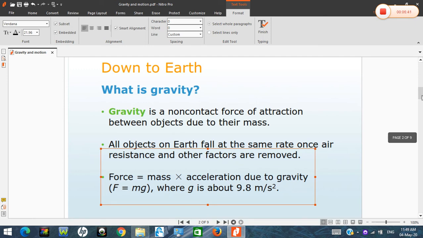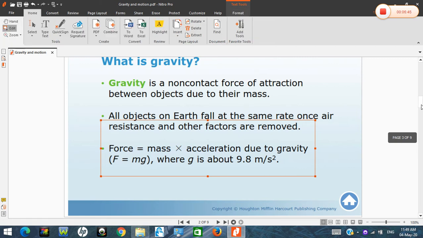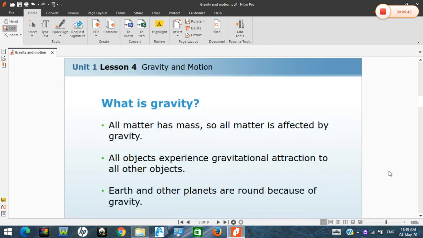What are the factors that affect gravity? Firstly, in the previous session I gave you an example of our solar system.